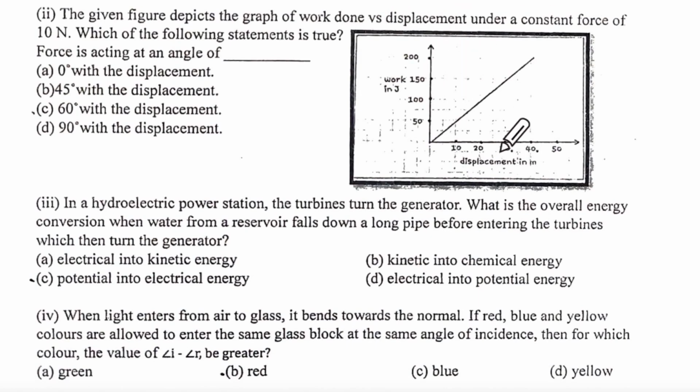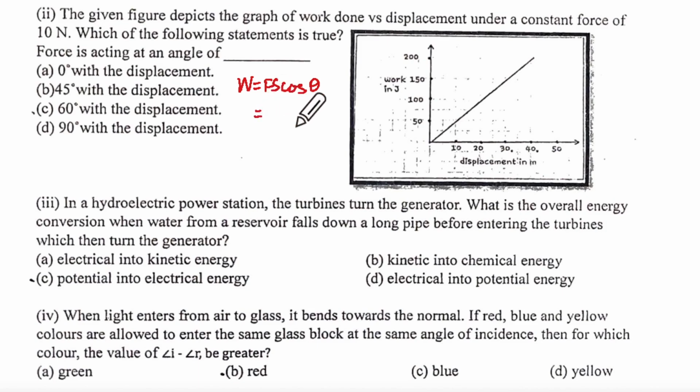Work against displacement graph, constant force of 10 Newton. Which of the following statements is true? Force is acting at an angle of... Let us see. Our thinking step is work is equal to Fs cos theta, correct? Yes.